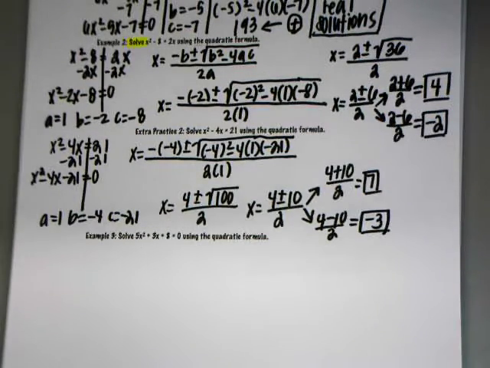Okay, we good? Do we have any questions? I'm going to have you do whatever method makes the most sense. If there's an easier way to do it, I'll have you do that method. You would factor on this one. This is what I would give you for factoring.